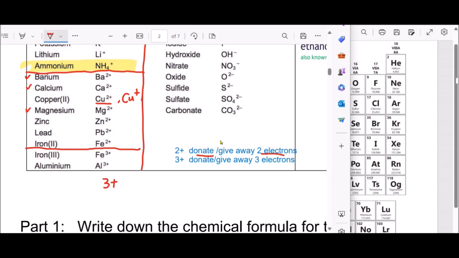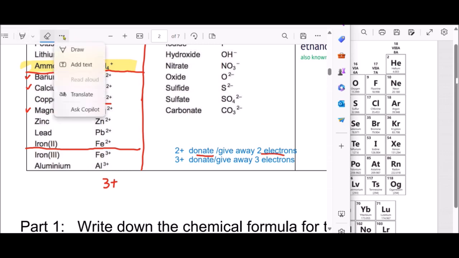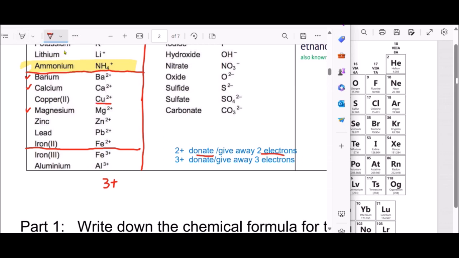This is not everything here, but these are some of the very common ones that it is best for students to know. Cu plus is present, but not very common. So when we talk about copper, the one that comes to your mind is Cu2 plus, so you can remember it.